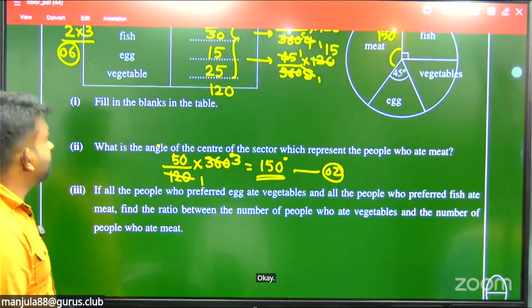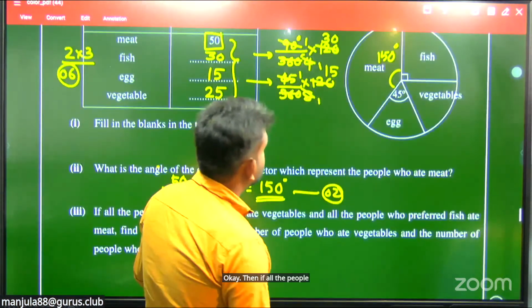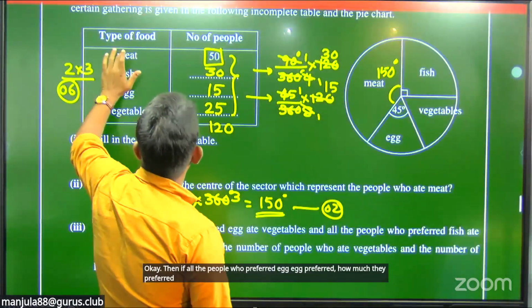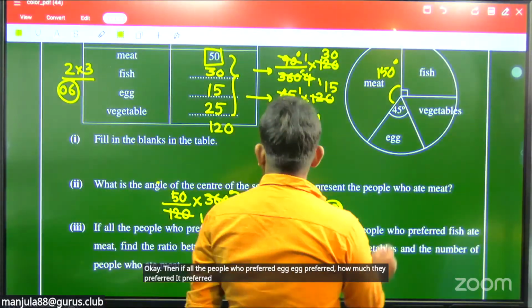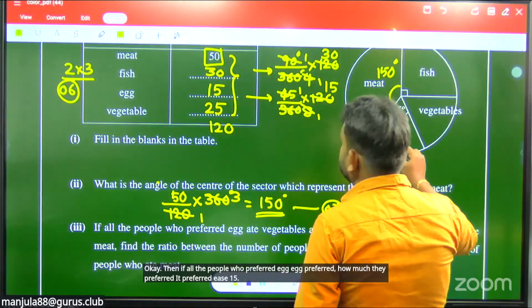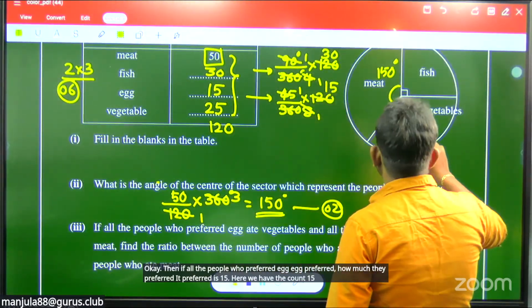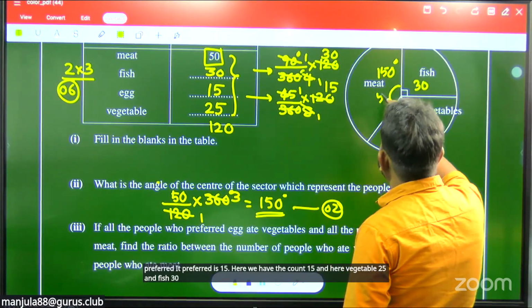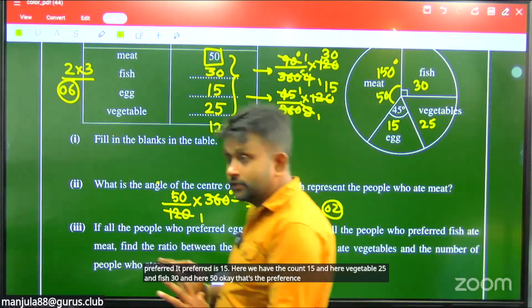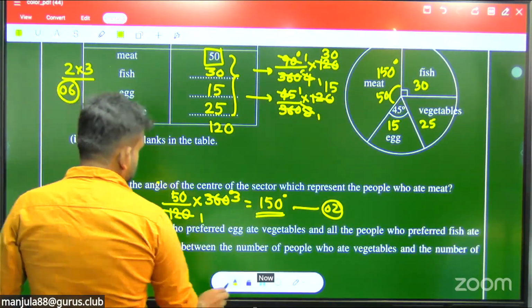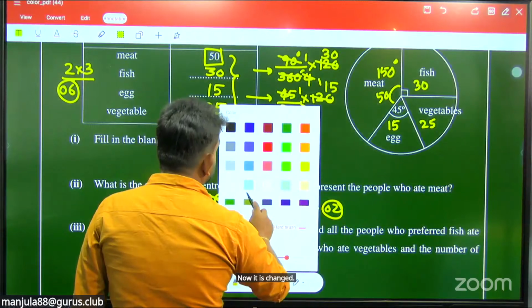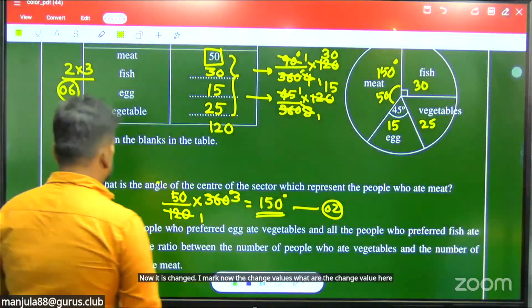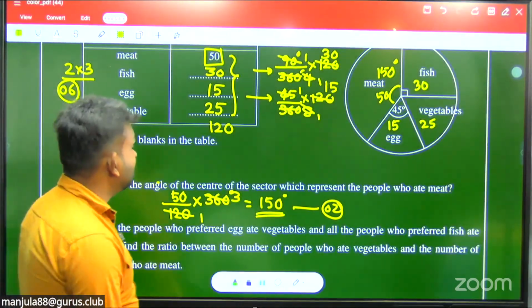Then if all the people who preferred egg change their preference, how much? The egg preference is 15. Here we have the count 15, and here vegetable 25, fish 30, and meat 50. That's the earlier preference. Now it has changed. I mark the changed values now. Who preferred egg now ate vegetable.